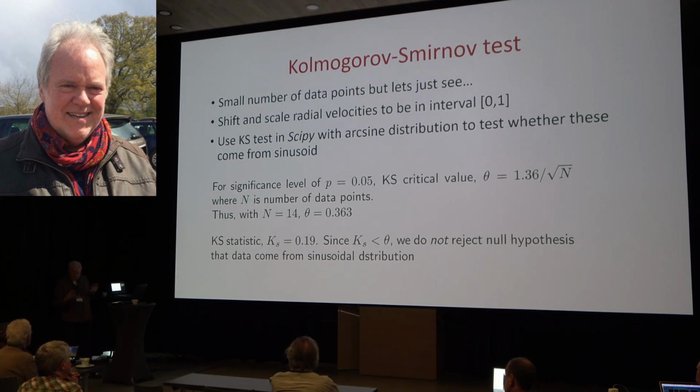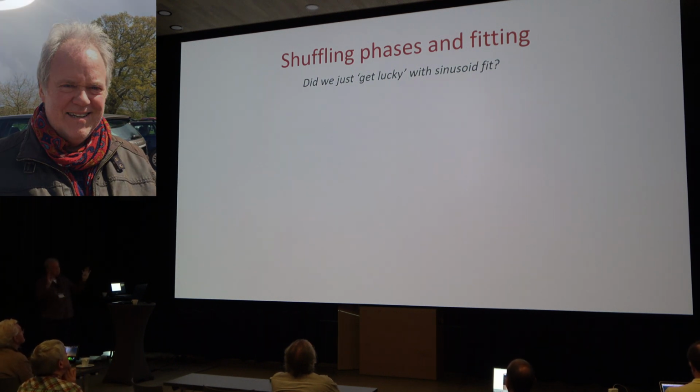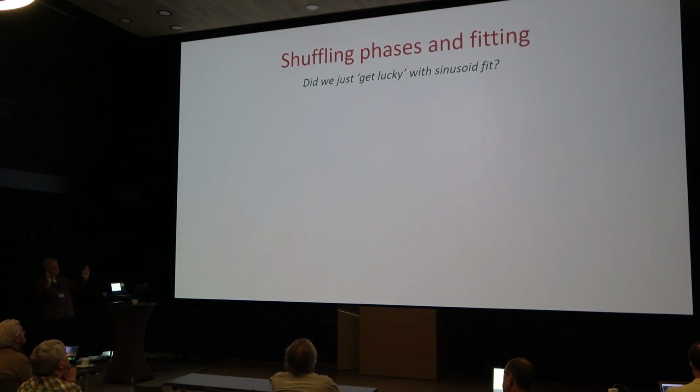But there's more to this than just is it drawn from a sinusoidal distribution. It's what about the ordering of the data? And this is an exercise which I did because I think I can intuit a bit more about what's going on here as well. So you could take data drawn from a sinusoidal distribution and they could just be randomly assigned phases, and you wouldn't end up with what looks like a sinusoid.